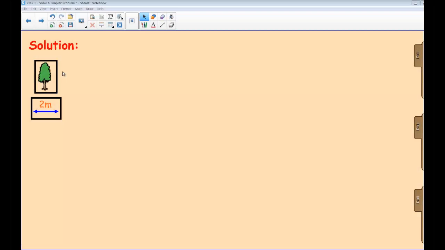Okay, now that you've had a chance to try to come up with a solution here, here's my solution. If you think about the simplest diagram that you could possibly draw for this scenario, it might look something like this.